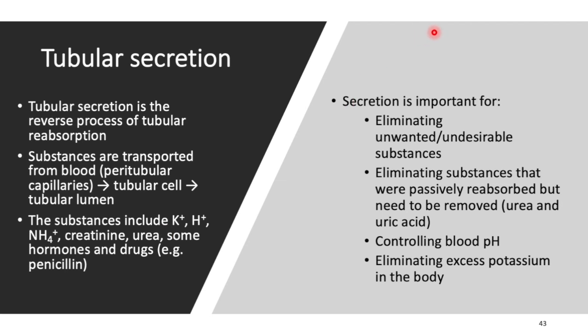The secretion is important for eliminating unwanted or undesirable substances, eliminating substances that were passively reabsorbed but need to be removed, for example, urea and uric acid. It is also important to control blood pH, and to eliminate excess potassium in the body.